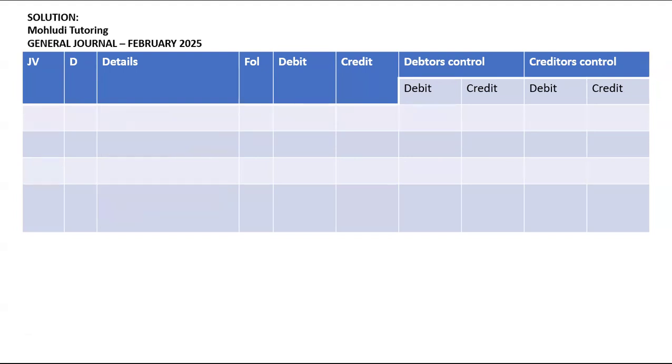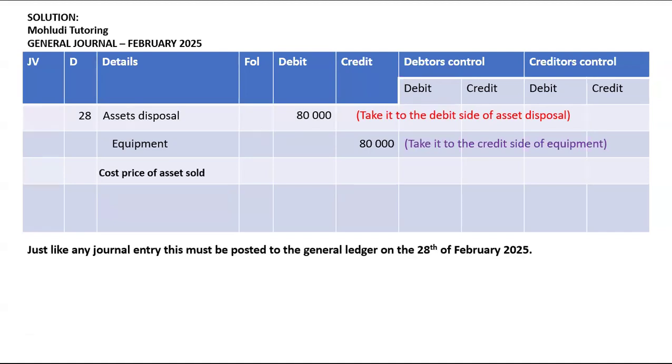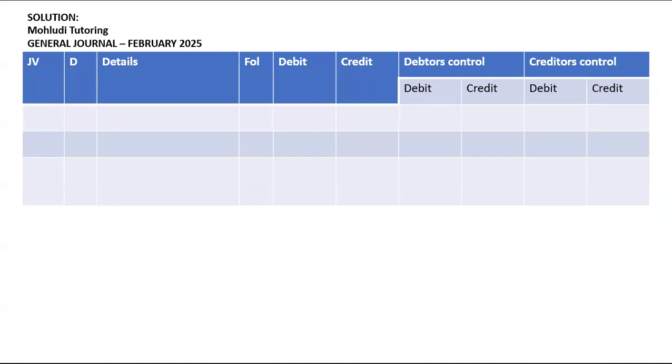The equipment that was sold, we're going to process the following entries. We're going to debit asset disposal and credit equipment at cost price. Then we're going to debit accumulated depreciation. You're reducing accumulated depreciation by the accumulated depreciation of the asset sold, at the date the asset was sold.